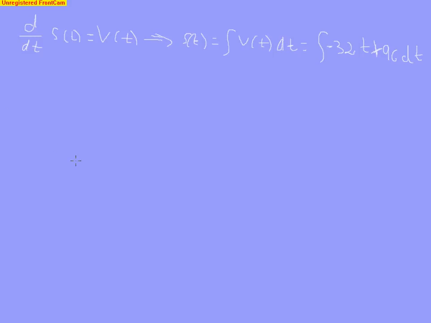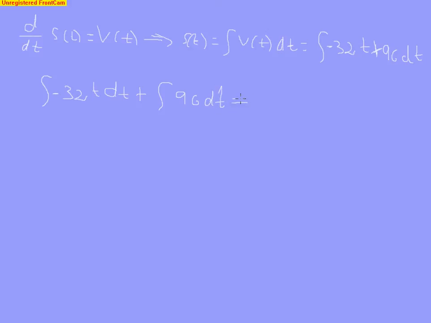Now we're gonna take the integration of this right here. The integration of a sum is a sum of integrations, so we would break that apart. We get the integral of negative 32t dt plus the integral of 96 dt.